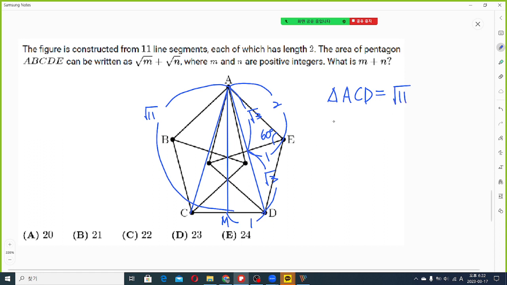And what's the area of AED, the obtuse triangle here? Just the square root of 3. Great. So the same thing goes for ABC.